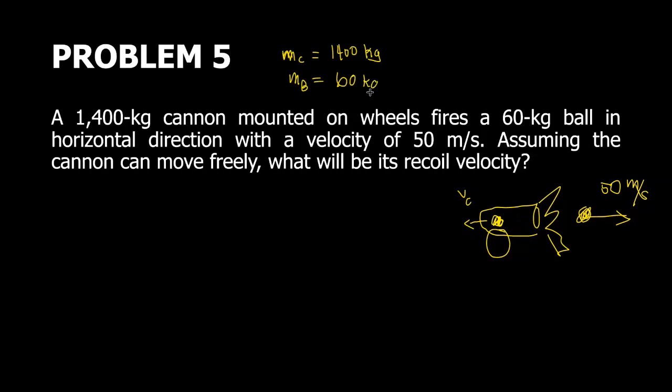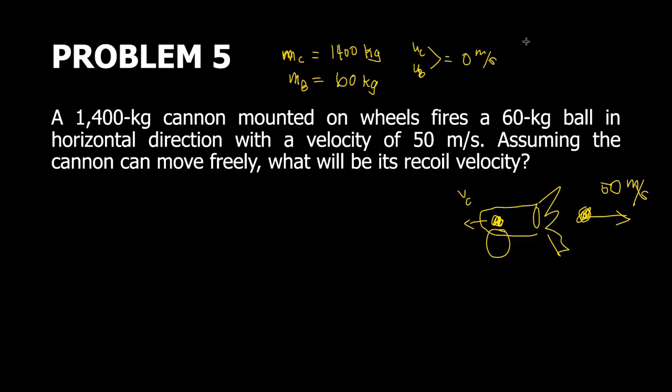We're finding the initial velocities. So technically speaking, before launch, no velocity sila. So yung u sub c and u sub b are both equal to 0 meters per second.